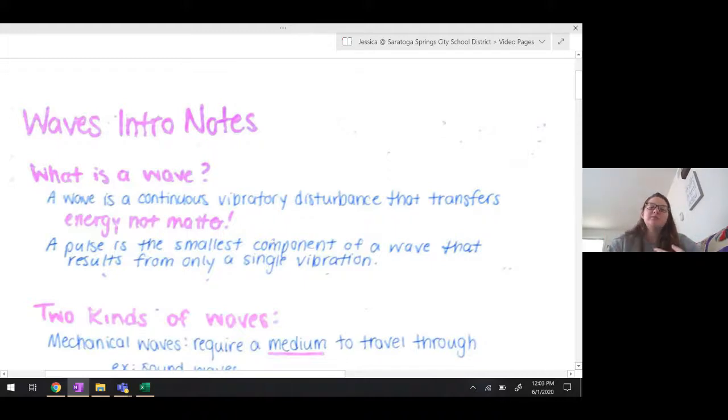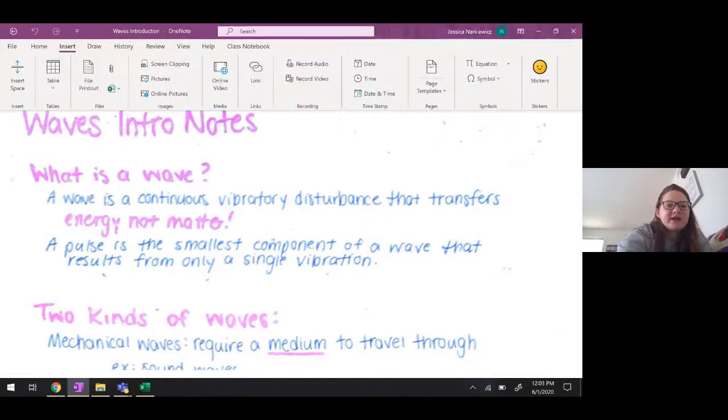We can cut the wave down into its smallest bit, called a pulse, which is the smallest component of a wave that results from only a single vibration. So instead of vibrating back and forth, it's just a single pulse, like your heartbeat essentially.